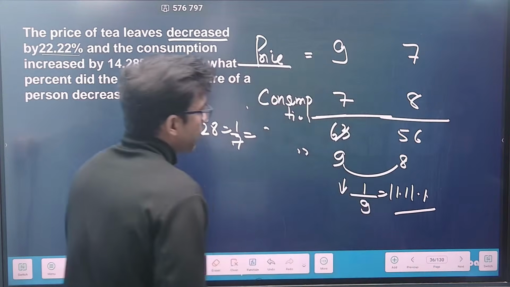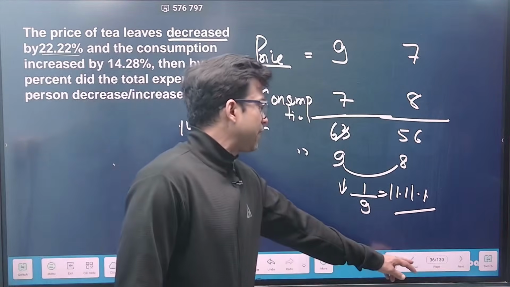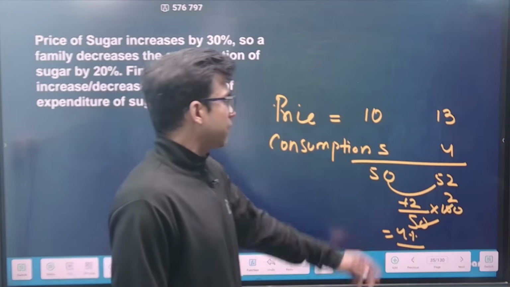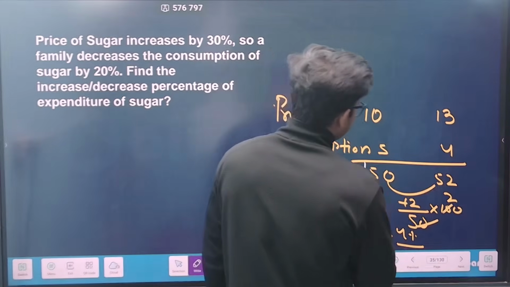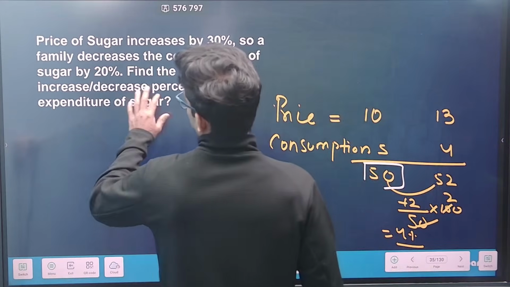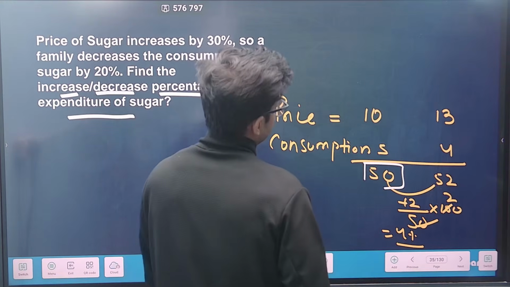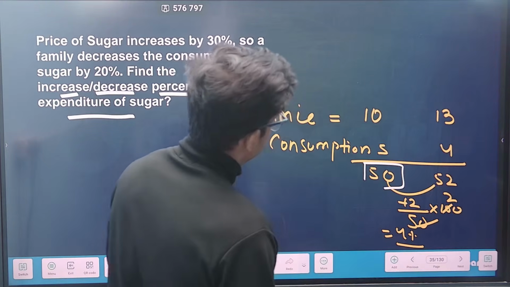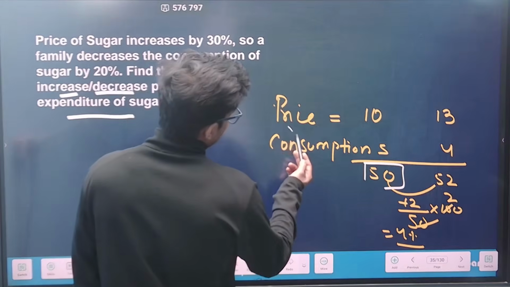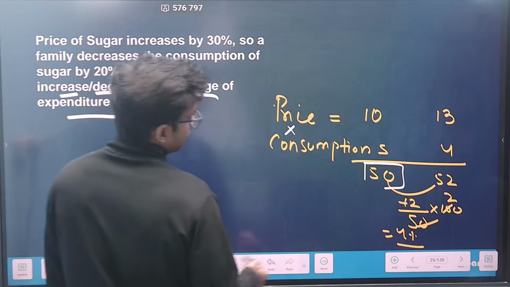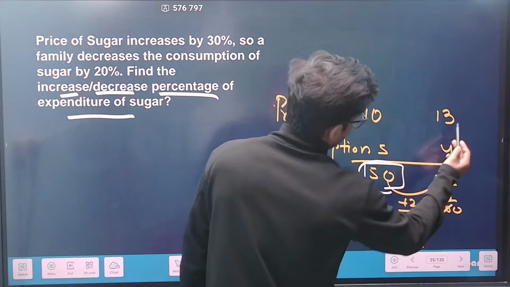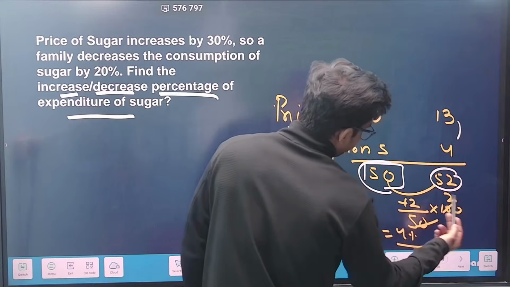But Beauty, the previous question you answered negative. It would not be negative, it would be positive. Initially it was 50. They are asking to find the increase or decrease percentage of expenditure. Expenditure is price into consumption. Here it is 50, now it is becoming 52. There's an increment of 2.